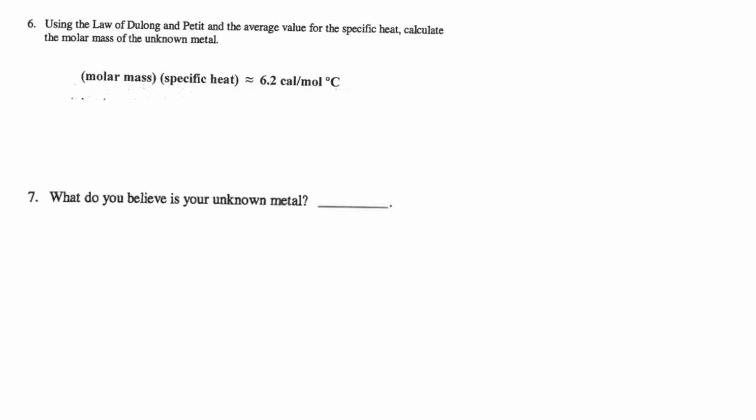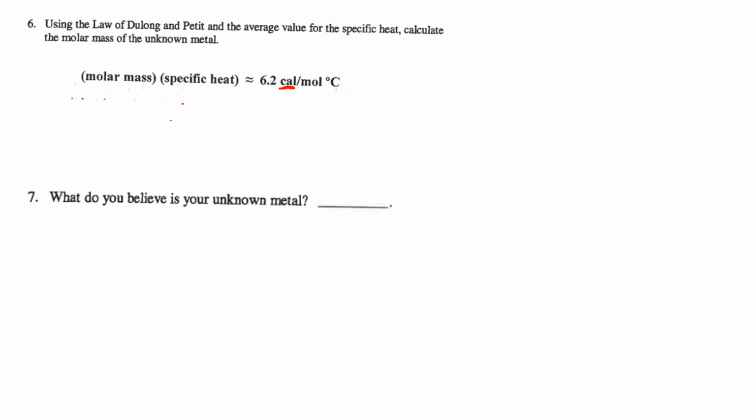So for my specific heat that I got, the formula for that, I had to go back into that little packet that I used. But the formula says molar mass times specific heat is approximately 6.2 calories per mole degree Celsius.